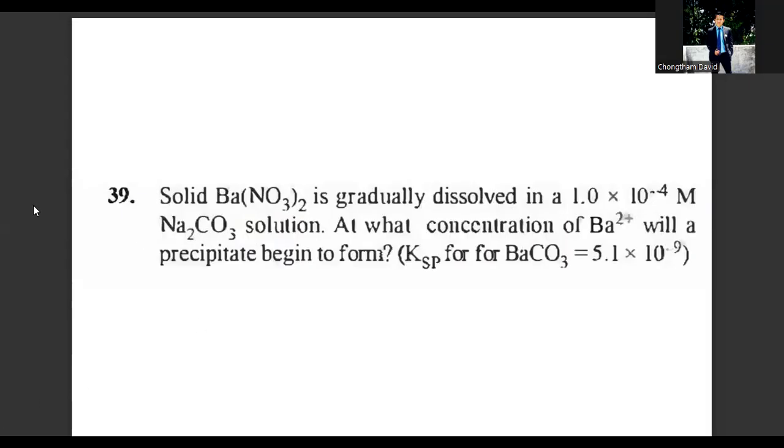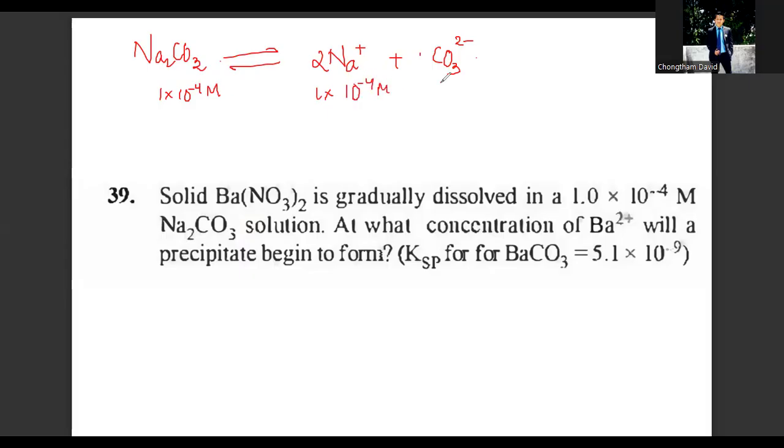Before we head on to the options, let us first calculate the answer. For this question, we need to write down the dissociation of washing soda, sodium carbonate. If it dissociates, it generates 2 particles of sodium and 1 particle of carbonate, 1 into 10 to the power minus 4 molar.